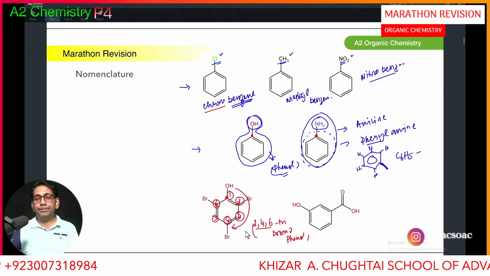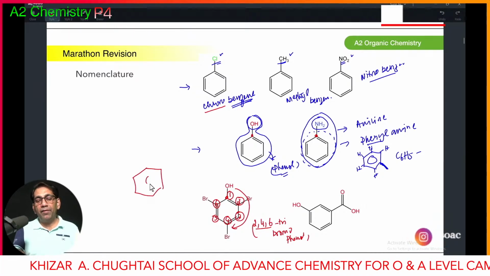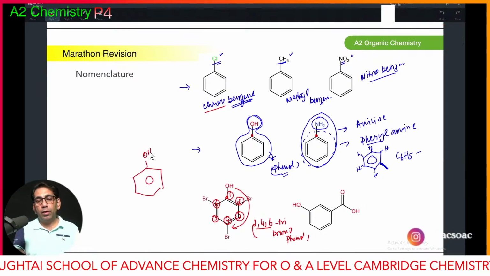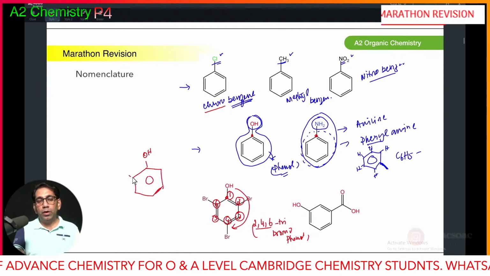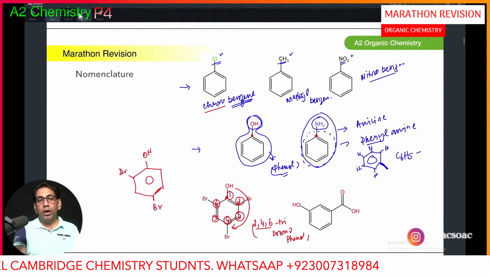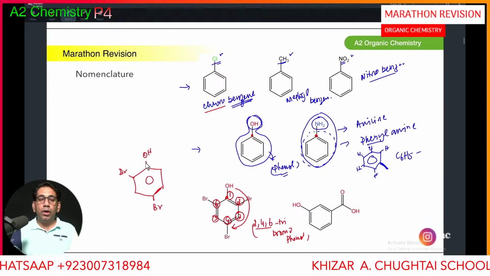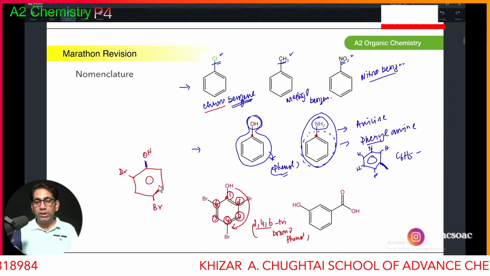However, let me write another example over here. I have this structure, one Br is over here and one Br is over here. Now, how do we give numbers to these carbon atoms?